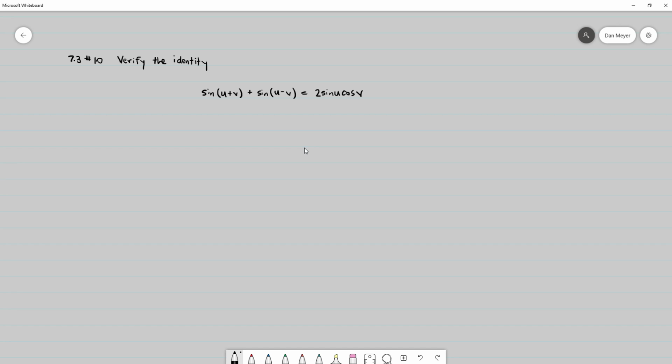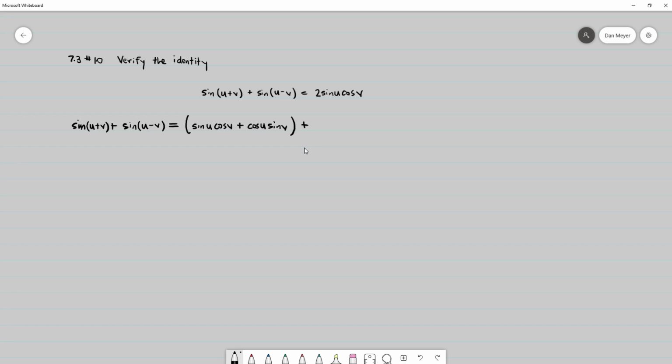All right, so let's write down, we're going to start with our left-hand side and work to the right. Sine of u plus v plus sine of u minus v. The angle addition formula for sine says that sine of u plus v will be sine u cosine v plus cosine u sine v.